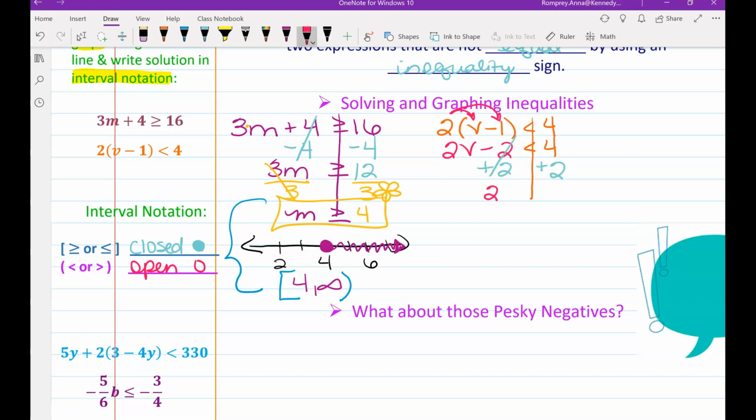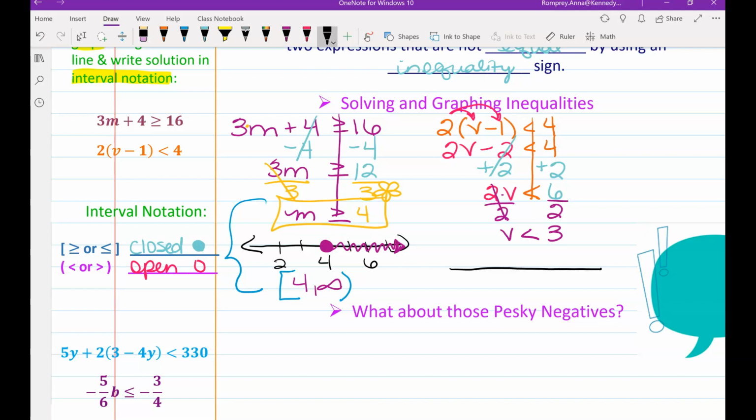So I'm left with 2v is less than, I always remember this one's less than because it kind of looks like a squished L, 6. 2v, what's the operation here? 2 times v. So we're going to divide both sides by 2, because 2 divided by 2 just leaves us with 1. So v is less than 3.